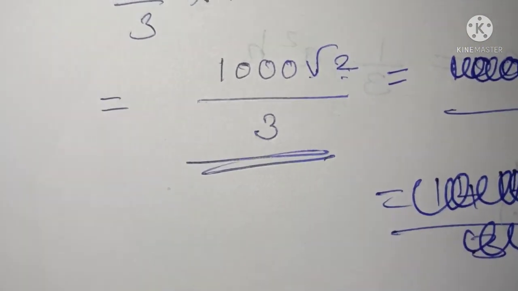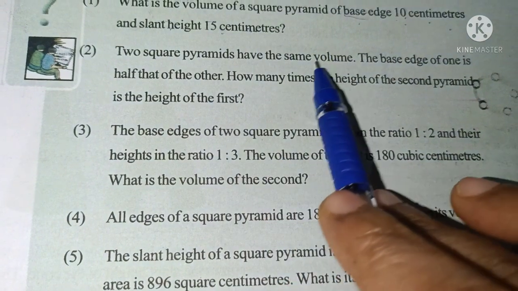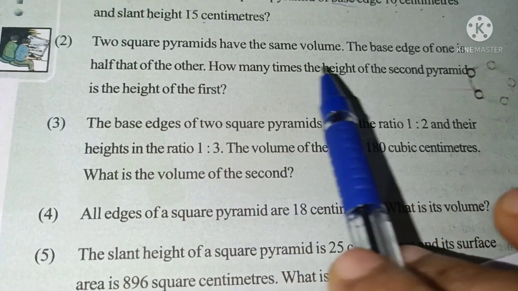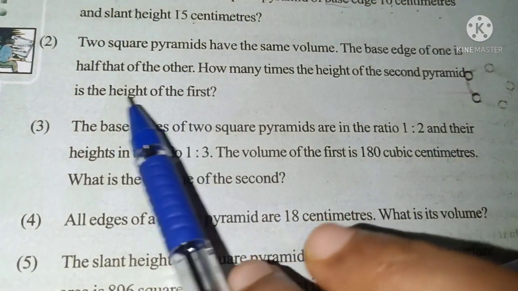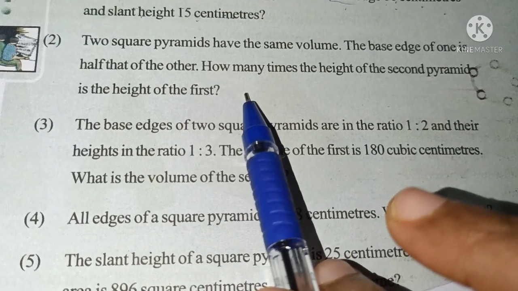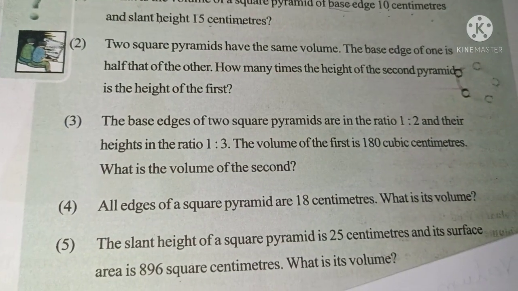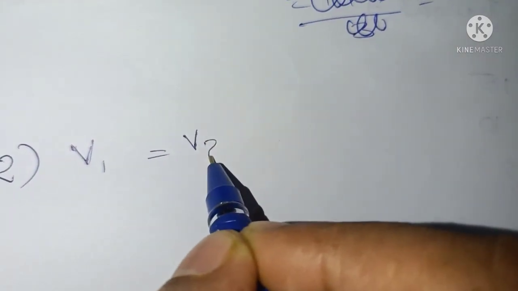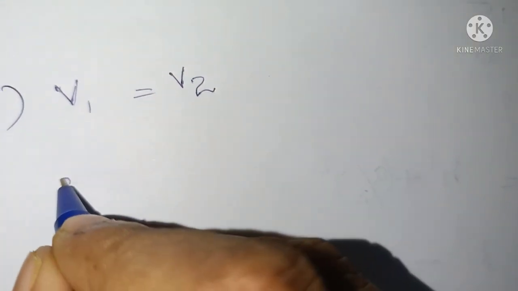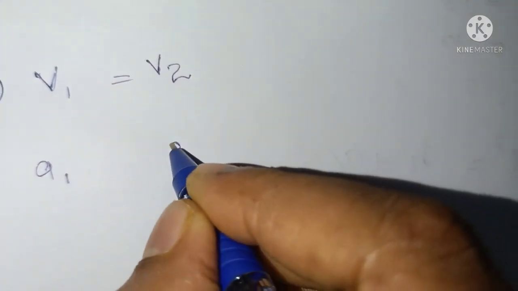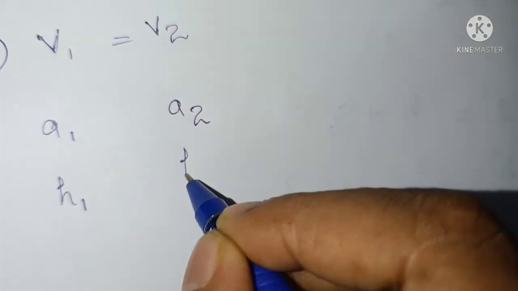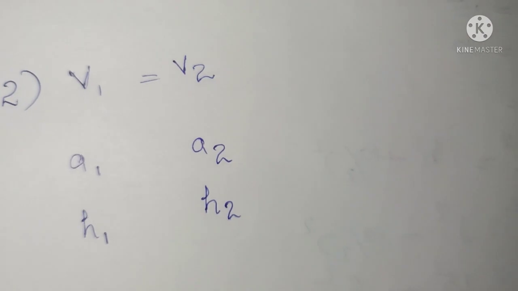Okay, now look at the second question. Two square pyramids have the same volume. The base edge of one is half that of the other. How many times the height of the second pyramid is the height of the first? So here we have the volumes are equal. If we take the volume of the first one as V1 and the second as V2, and the base edge of the first one as A1 and the base edge of the second as A2, and the height of the first one is H1 and the height of the second is H2.